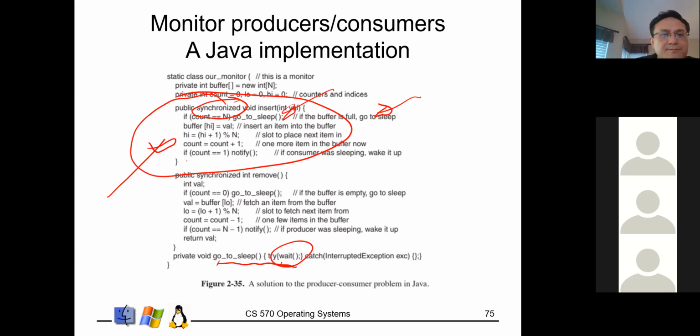At the end of the insert method, if the buffer was empty before inserting this item, now you have one item there. You want to notify the consumer that an item is available, so you call notify. Notify in Java is a public method from the Object class, and it works like the signal operation we just talked about.